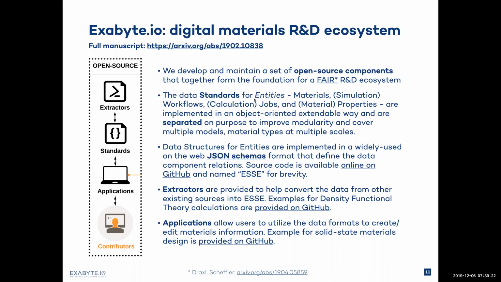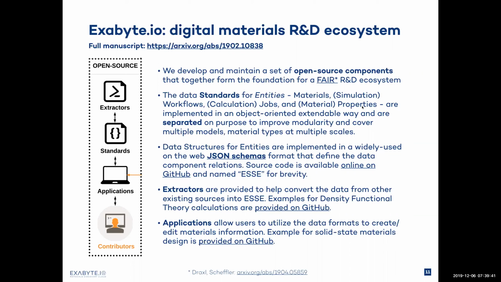The data standards: we identify 4 different kinds of entities globally, and multiple other kinds of entities, less important. So the 4 key entities are materials, simulation workflows, calculation jobs, and material properties.